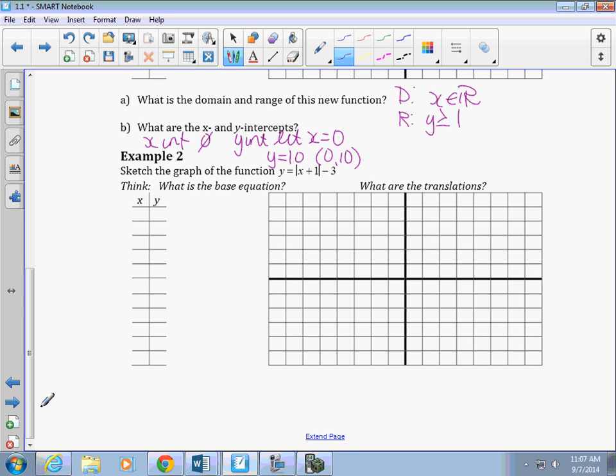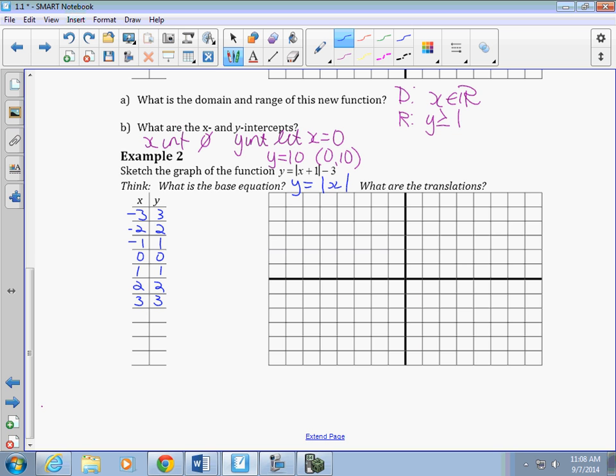So y is equal to the absolute value of (x plus 1) minus 3. Think first, what is the base function, and then do your translations from there. So for the base function, that would be y is equal to the absolute value of x. So if I start plugging in values, at negative 3 would be 3, negative 2 is 2, negative 1 is 1, 0, 0, 1, 1, 2, 2, 3, 3, and I could go on and on.